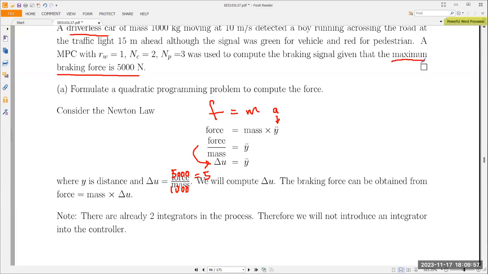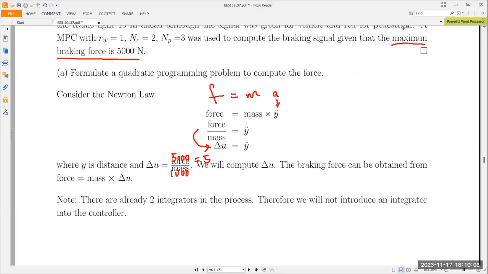Last time, when we do model predictive control, we have a plant, a process. Because the process doesn't have an integrator, we augment the process and include an integrator.